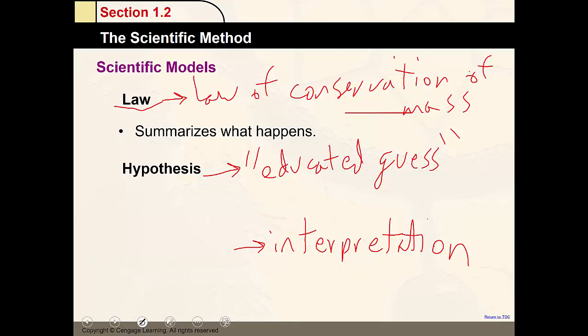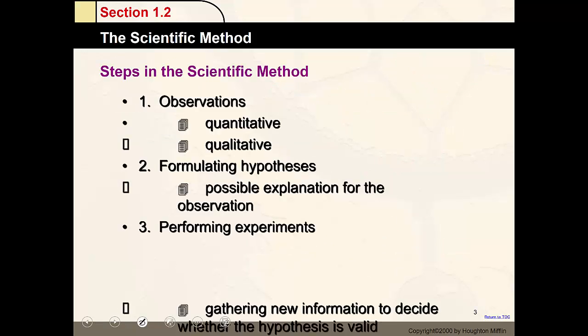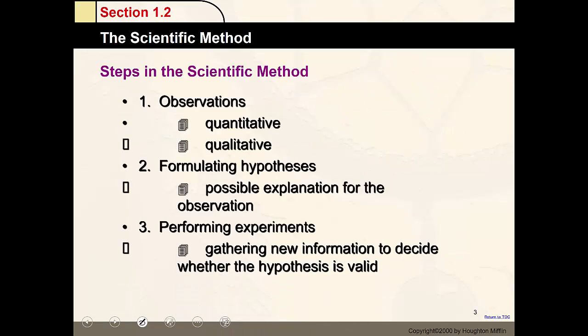Okay, then going back a slide, we already talked about the difference between quantitative and qualitative observations. You are formulating your hypothesis, which is your educated guess, or explanation for your observations. Then finally, when you are performing the experiment, you're testing whether your hypothesis is valid.